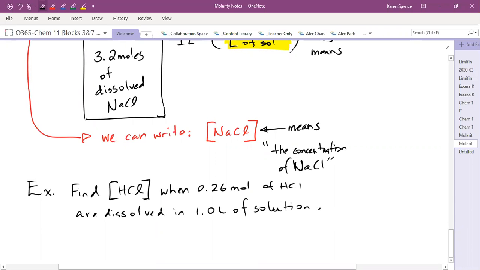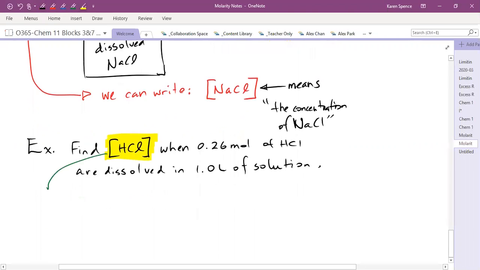And remember, this notation, square brackets around HCl, means the concentration of HCl.